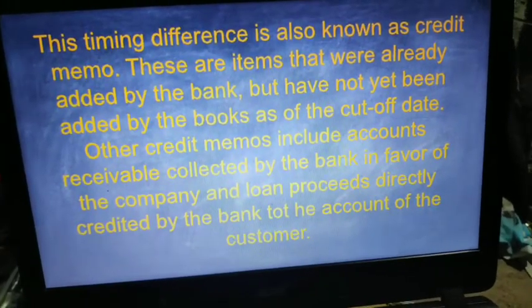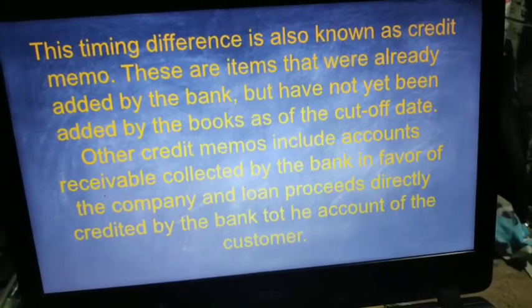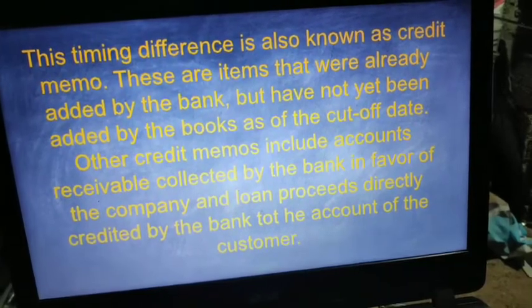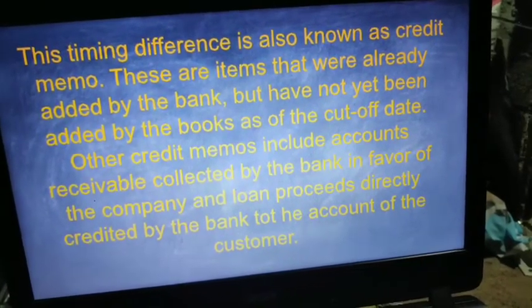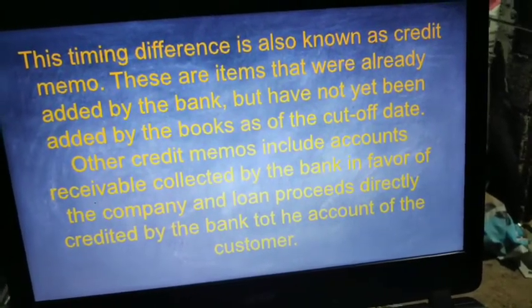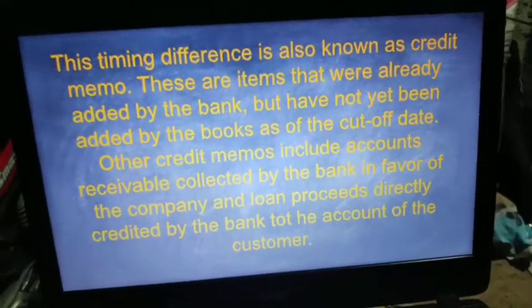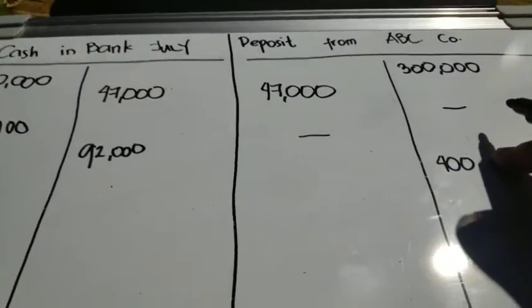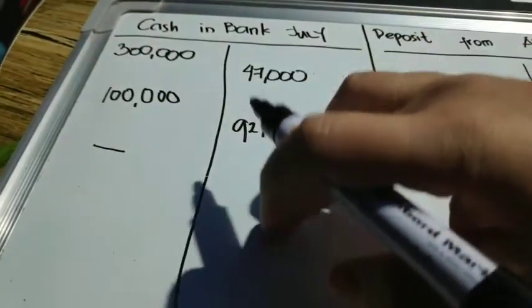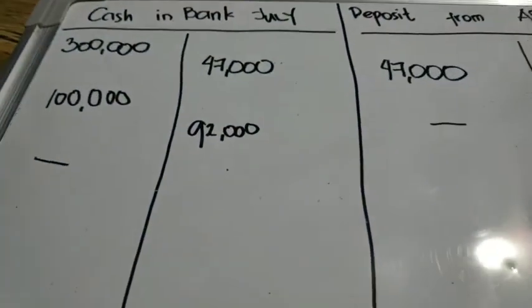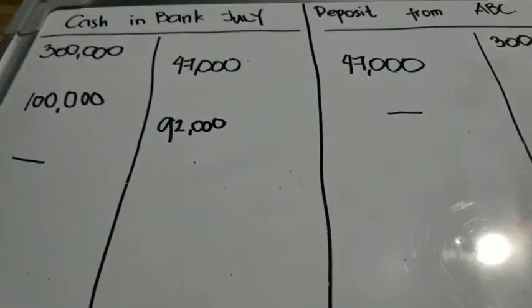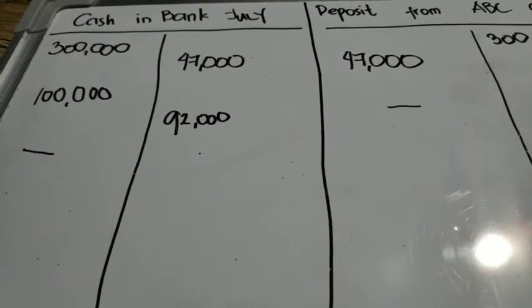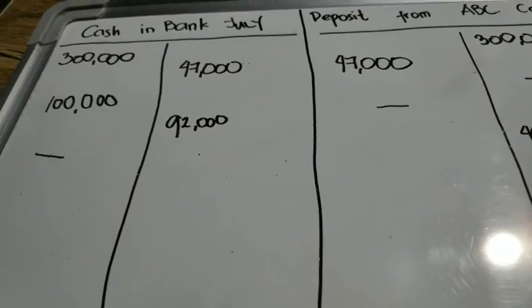Other credit memos include accounts receivable collected by the bank in favor of the company and loan proceeds directly credited by the bank to the account of the customer. As you can see, it is called a credit memo because an amount had been credited to the bank but not yet reflected to the cash in bank in the company's book. So meron siyang ginatawag na credit memo.